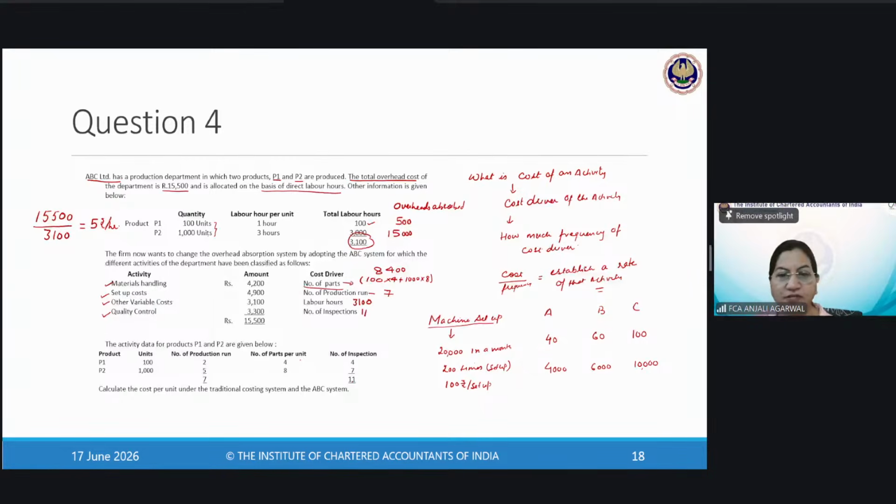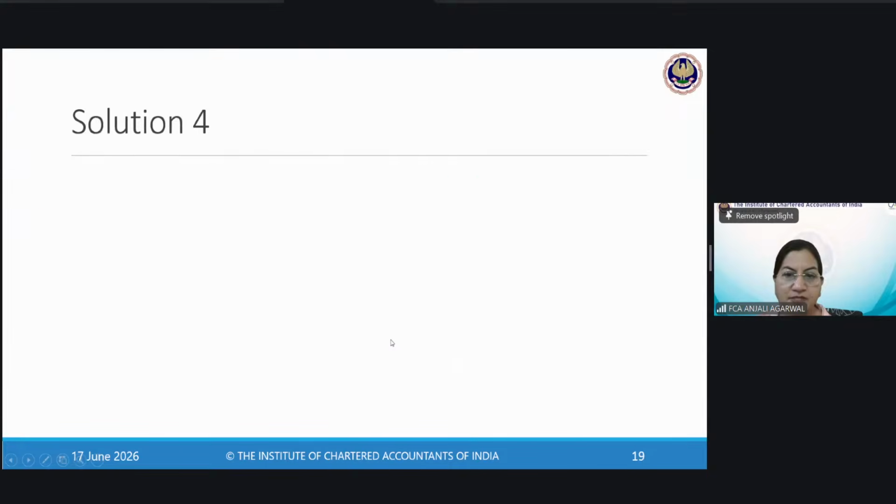So the total number of inspections is 11, total number of production runs is 7, total labor hours are 3,100, and the number of parts is 400 plus 8,000, 8,400. So we have done the basic working. Let's see how you calculate the cost per unit under the traditional costing system and under the ABC system.